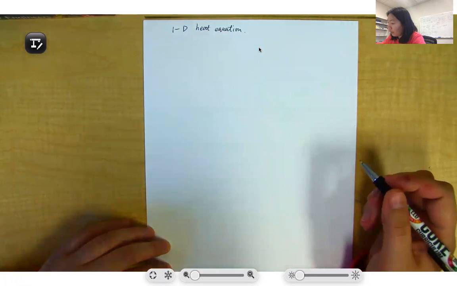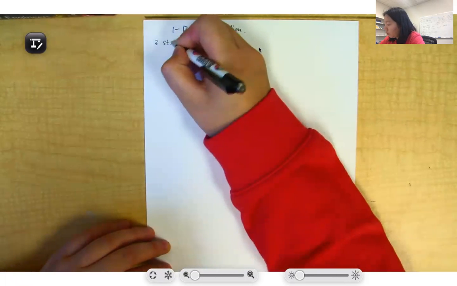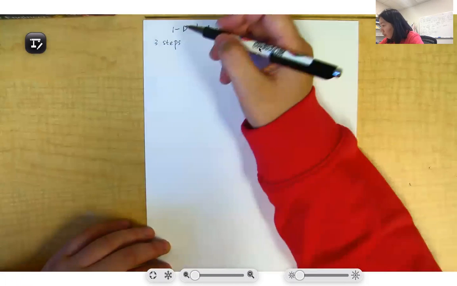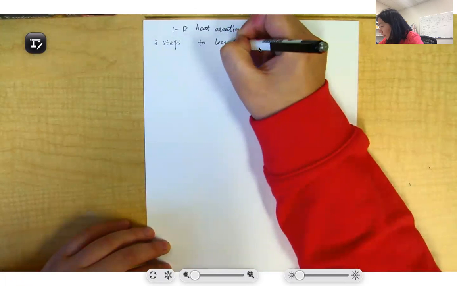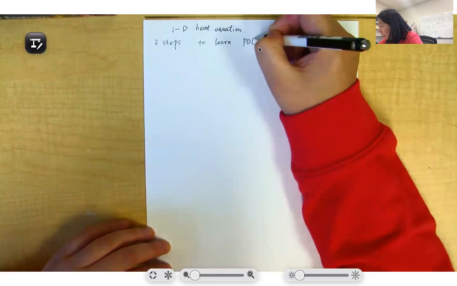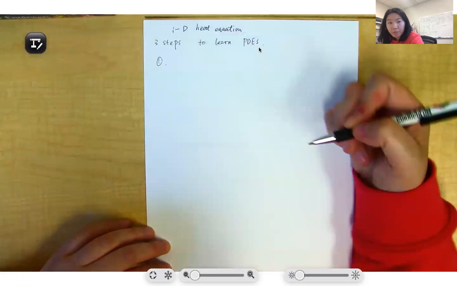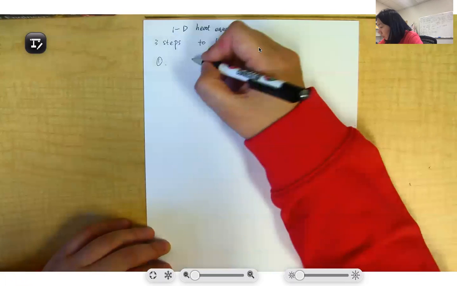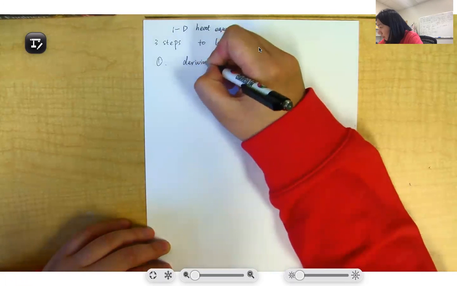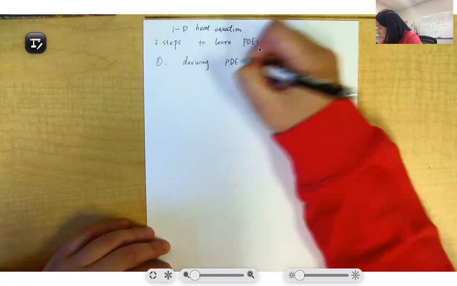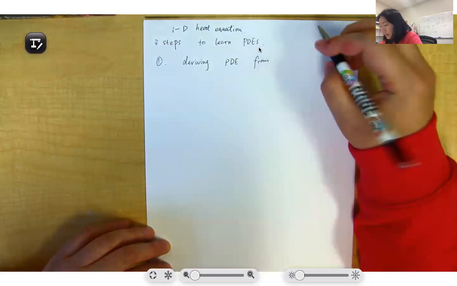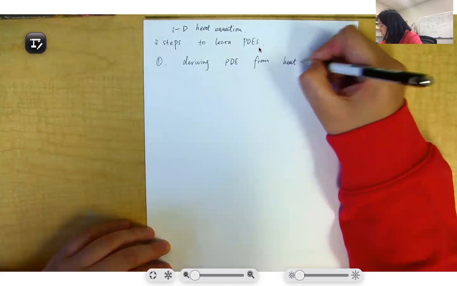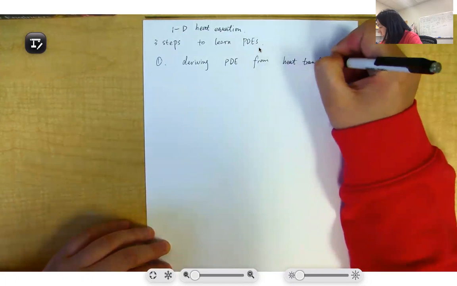And we will use 3 steps to learn about this 1D heat equation, the PDE. So to learn PDEs, the first is deriving the mathematical form of the PDE from a physical phenomenon. Here we are particularly showing heat transfer.